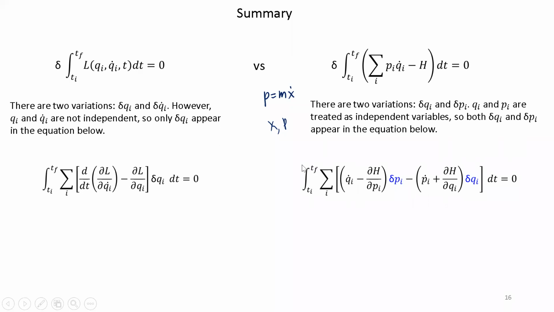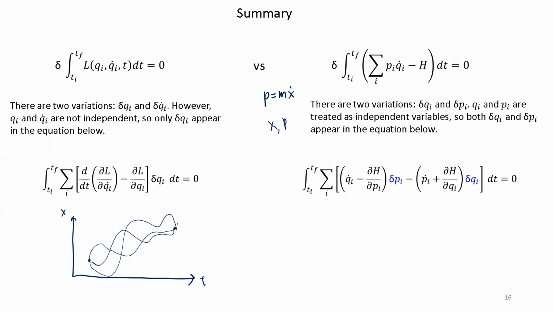So the idea is as follows. When we do the variations with the Lagrangian, remember that we have a picture like this, just the one-dimensional case. There is the starting point and the ending point, and we are trying to look for the path that gives us the minimum value for the integral. There are many possible paths, infinitely many, essentially.